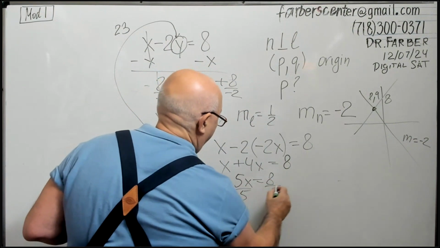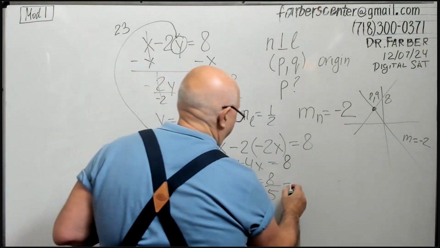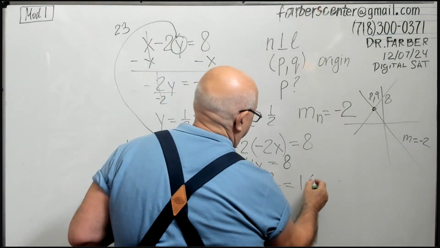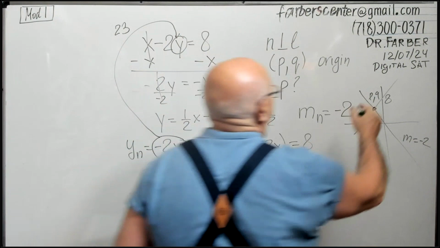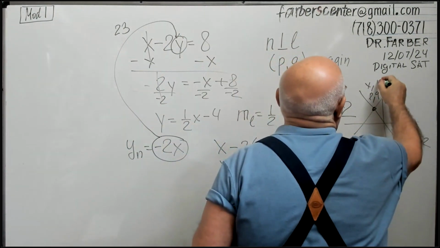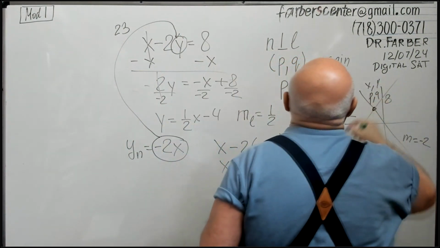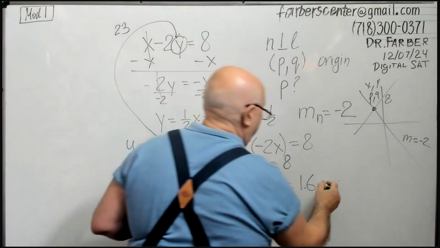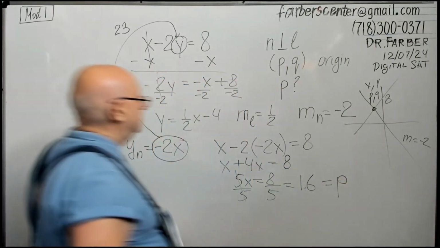Divide by 5, divide by 5. It's 8 over 5, which is 1.6. But what is PQ? P is x and Q is y. They ask you to find P, so this is equal to P because this is x.